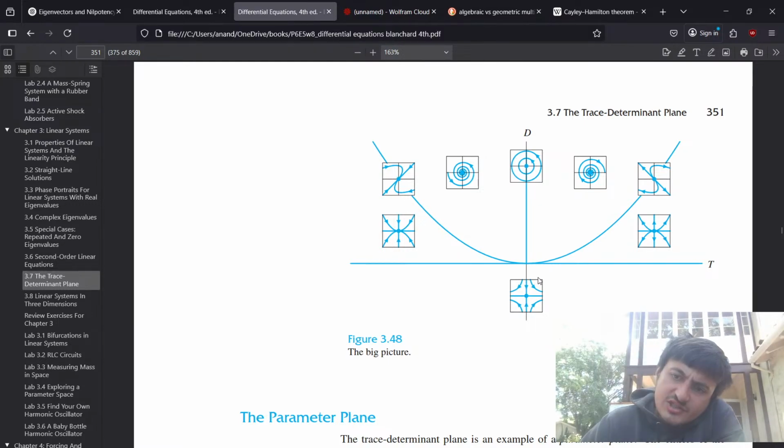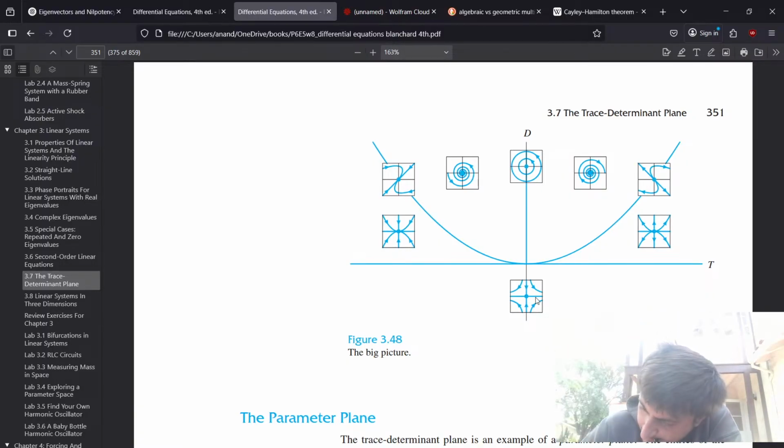Okay, if the determinant is negative, we automatically get... Wait, if the determinant is negative, let's say t is equal to 0, then we get 0 plus or minus the square root of minus 4d.